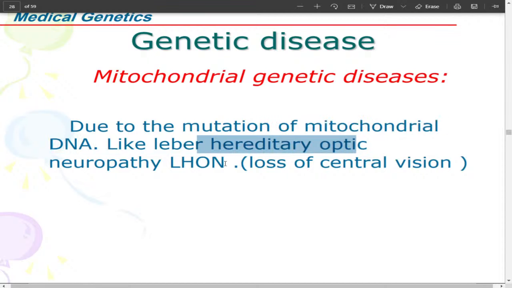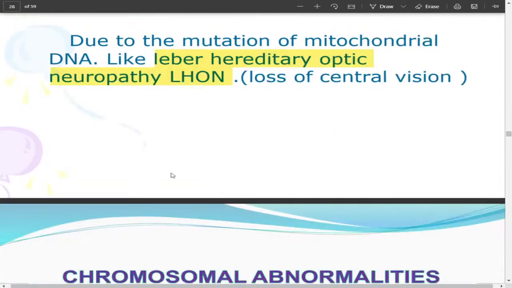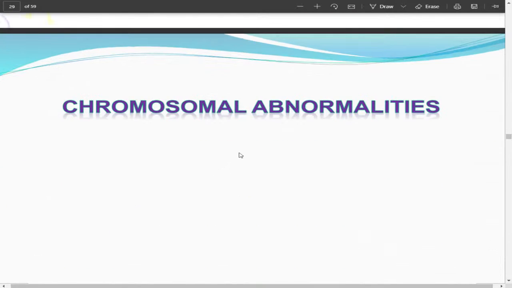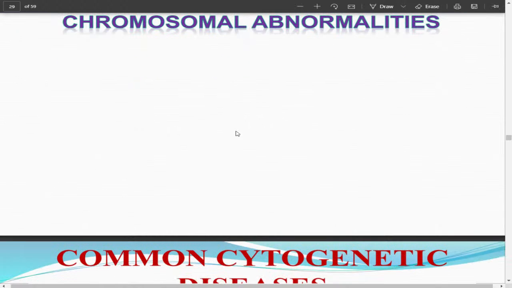This one here, let's highlight it. Leber hereditary optic neuropathy, loss of central vision. This was a mitochondrial genetic disease.